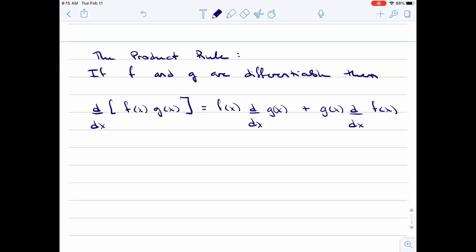So we get two components here. We start with f(x) and take the derivative of g, and then we start with g and take the derivative of f.